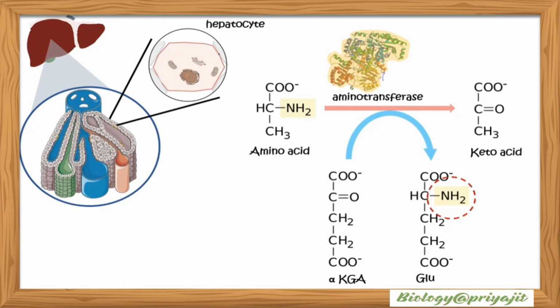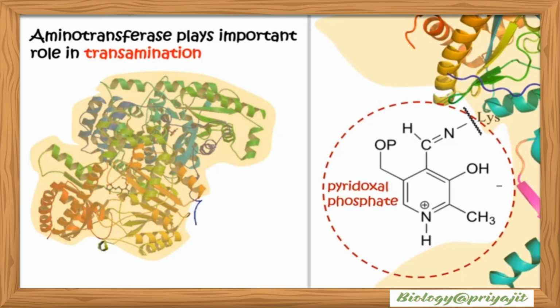The key prosthetic group of the enzyme aminotransferase is pyridoxal phosphate, and the aminotransferase enzyme plays an important role in the transamination reaction, and the pyridoxal phosphate of this enzyme plays a critical role in the process.